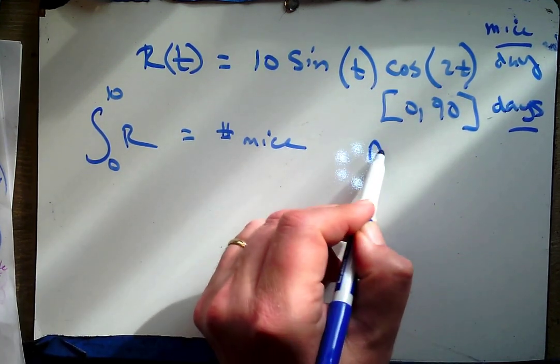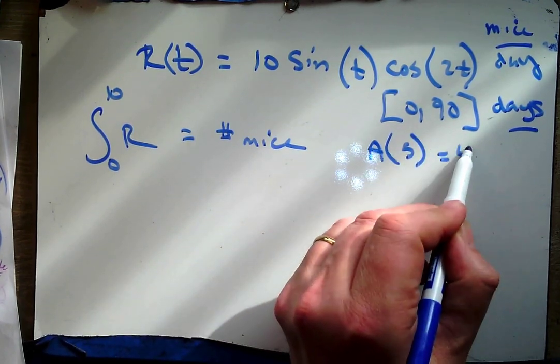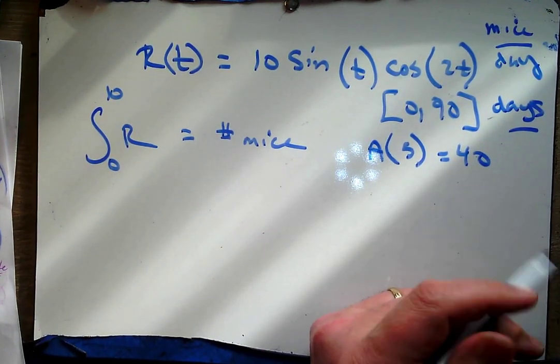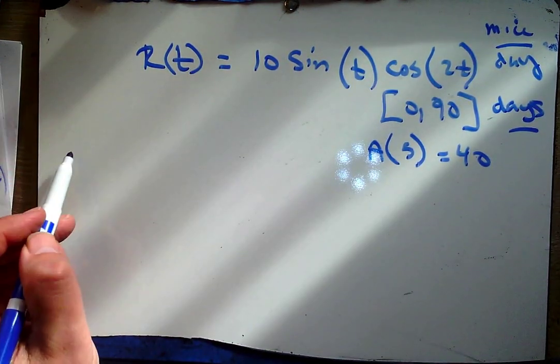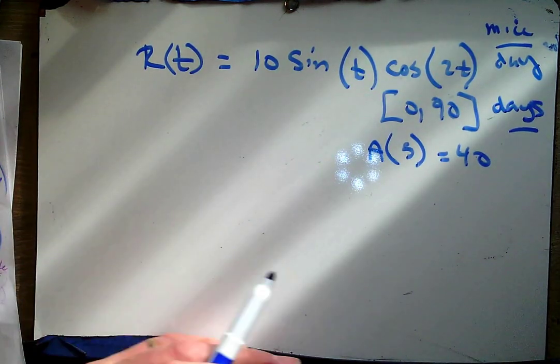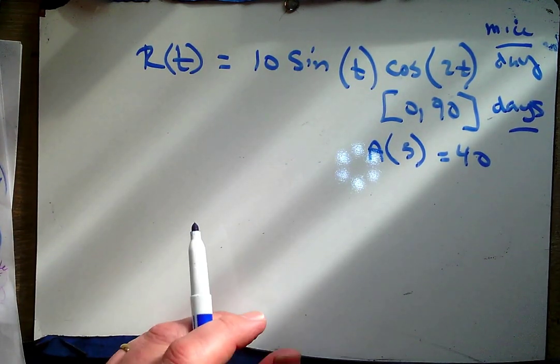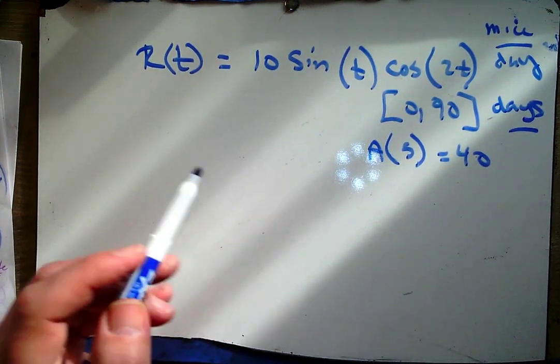I'm told that the amount of mice at t equals 5 is 40. So really what I need to do here is think about an amount function. Now, I don't have the number of mice decreasing here, right? This is a rate in problem. This is not rate in minus rate out.